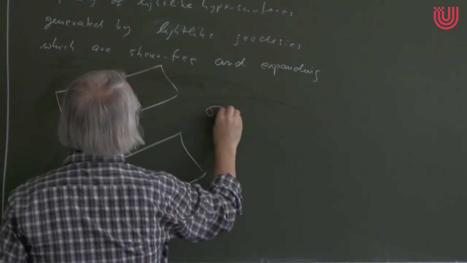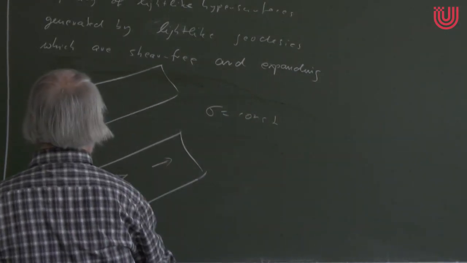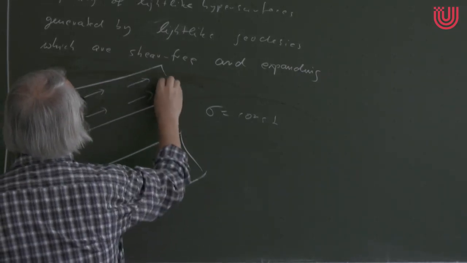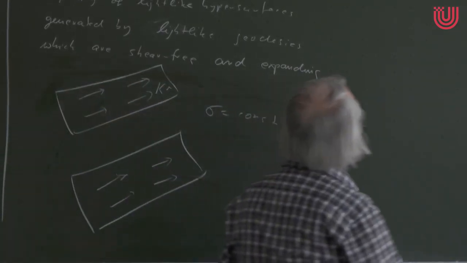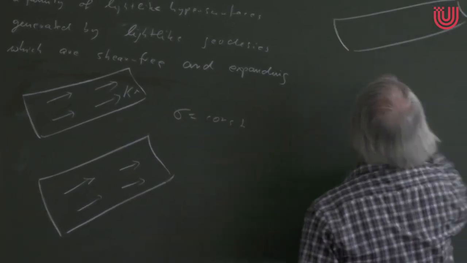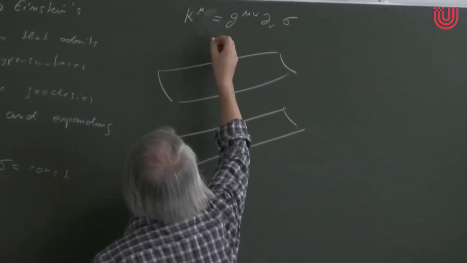These hypersurfaces sigma equal constant, and here these light-like geodesics by which this is ruled, K mu. And now I cut my family of hypersurfaces transverse.